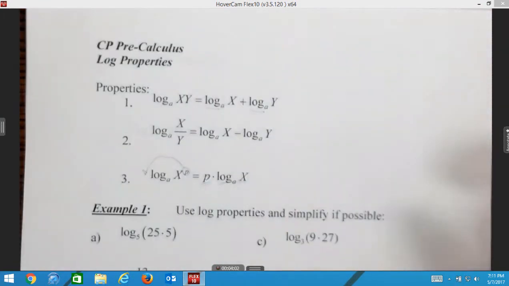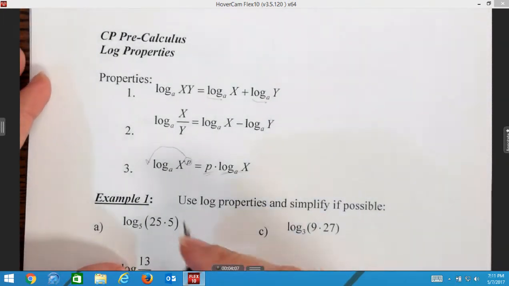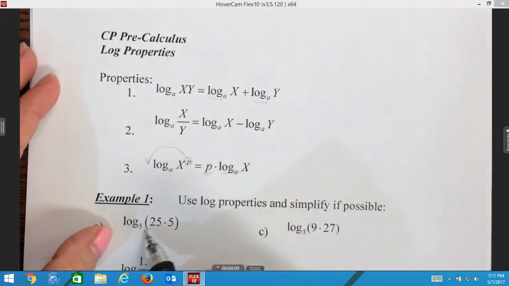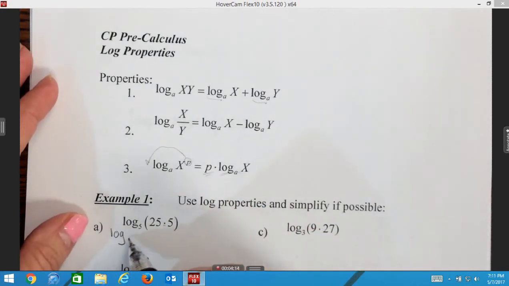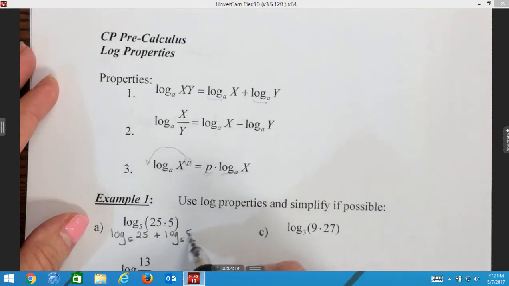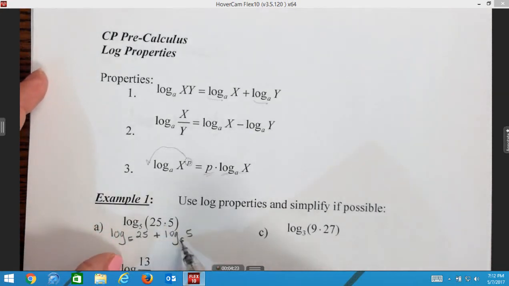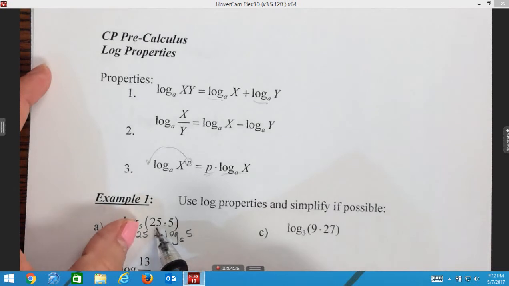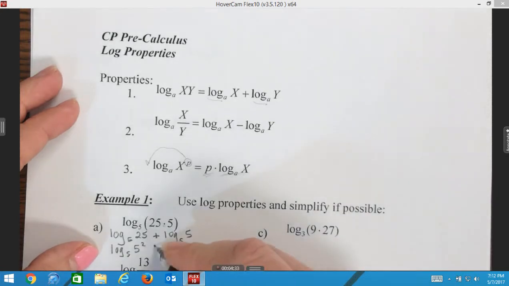So here we're going to use log properties and simplify if possible. There's a few different ways we could approach this question, but I'm going to just go off of the multiplication that they gave us right here. I'm going to rewrite this as log base 5 of 25 plus log base 5 of 5. So I'm using the multiplication of these two numbers to separate to two separate logs, same bases. We put the 25 with the 5. I can rewrite this as log base 5 of 5 to the second plus log base 5 of 5.